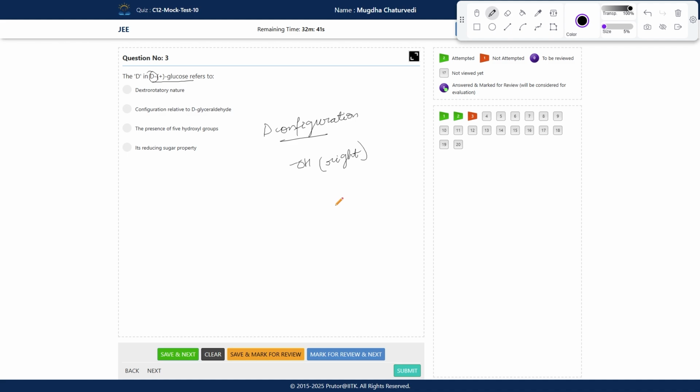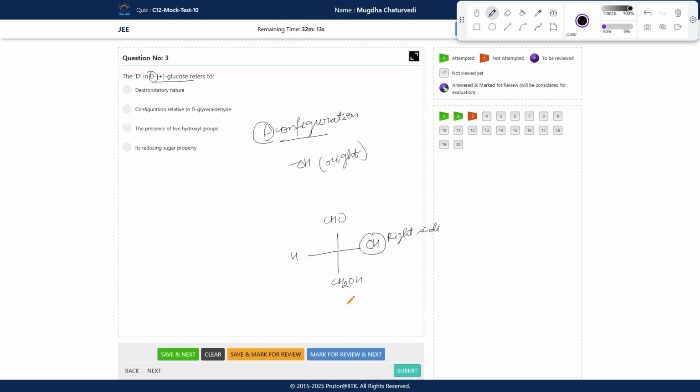If I take the example of glyceraldehyde, this is CHO, this is CH2OH, this is H, and this is OH. You will see that this OH is on the right side. So if the OH on the chiral carbon is on the right side, this shows it is a D configuration.